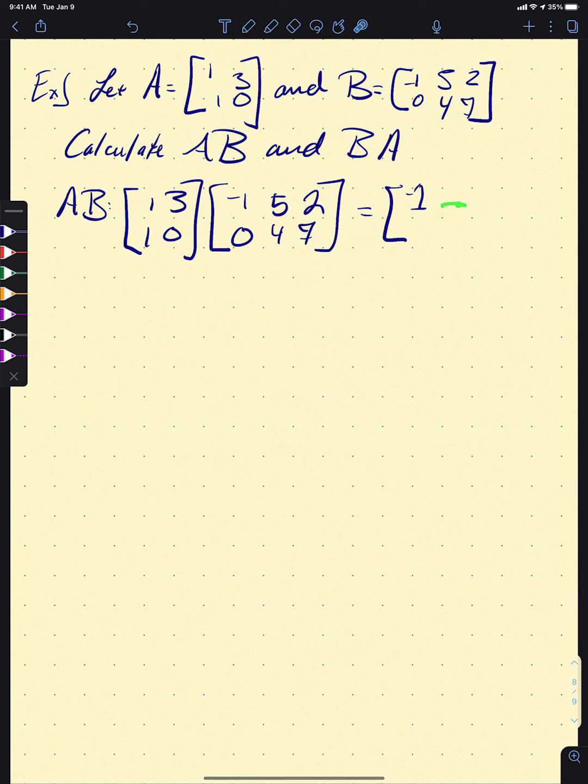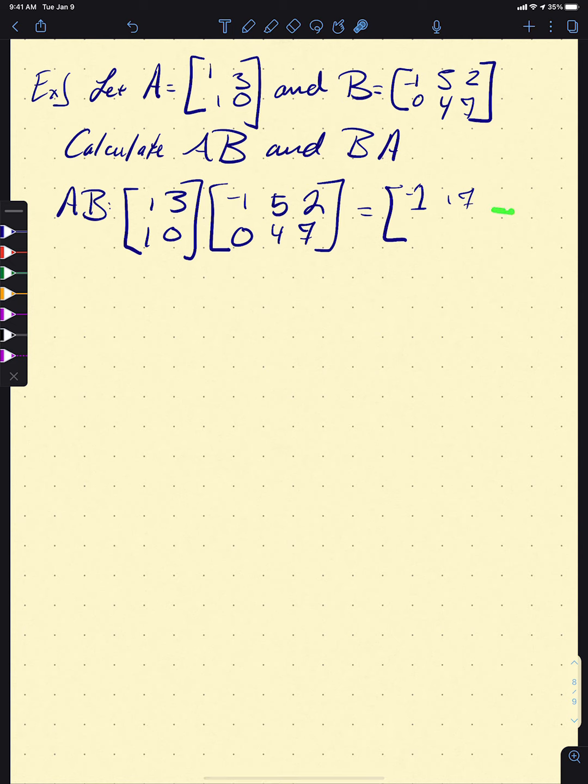What about this element here? It's still going to be the first row of A, but now we're going to do it with the second column of B. So we have 1 times 5 is 5, plus 3 times 4 is 12. So 5 plus 12 looks like 17.